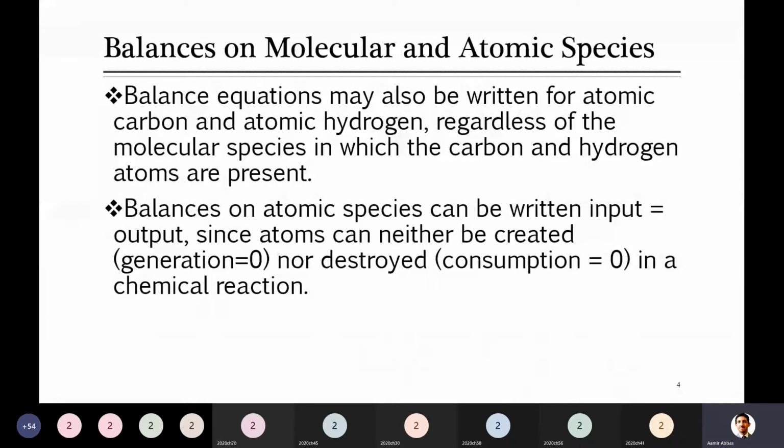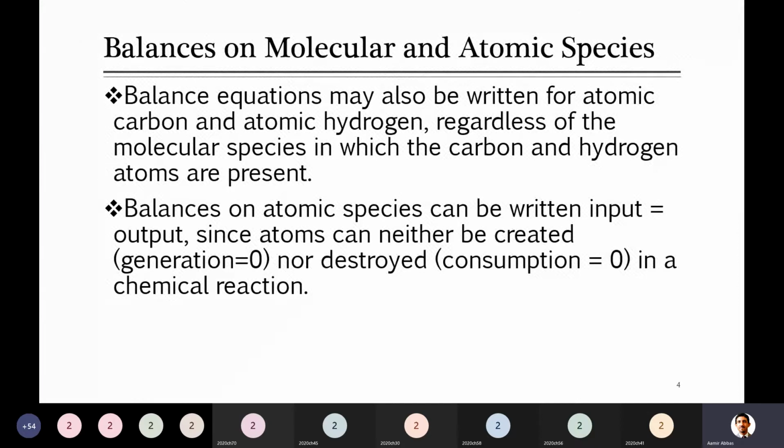Whenever you write the balance of any atom, just remember always input will be equal to output. There is nothing else like consumption or generation, but this is valid for a steady state system in which there is no accumulation.